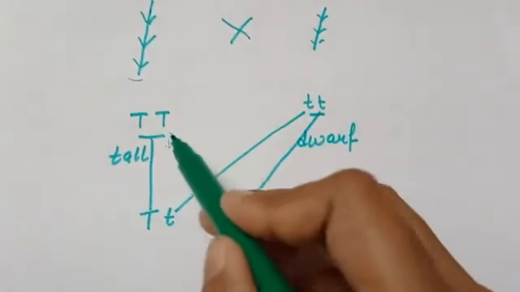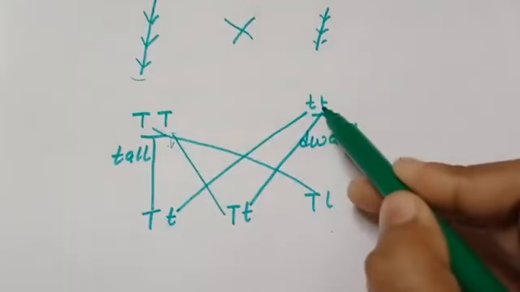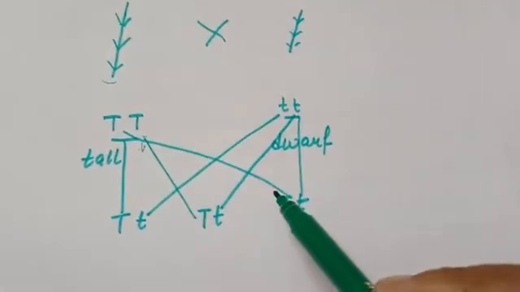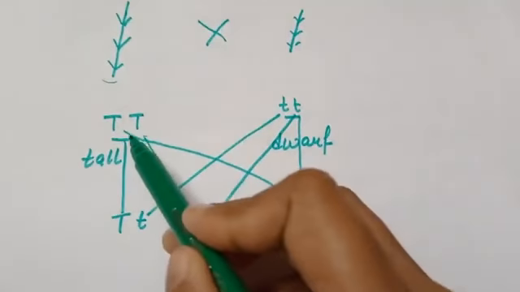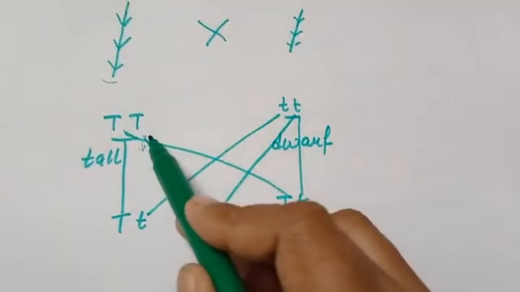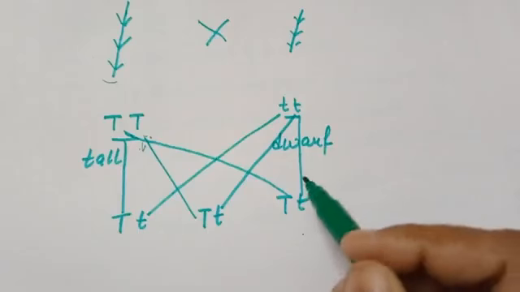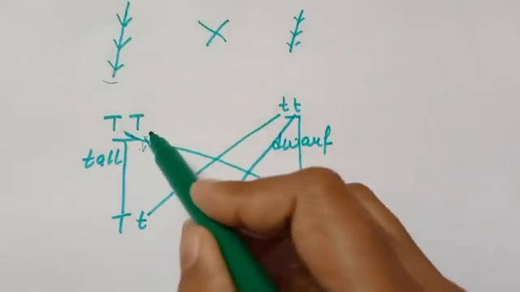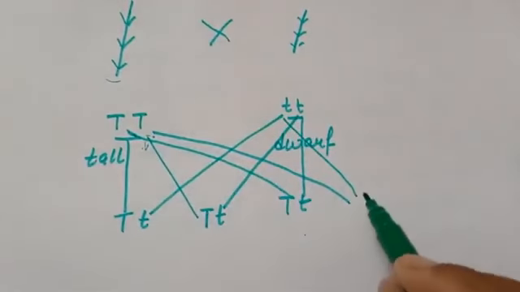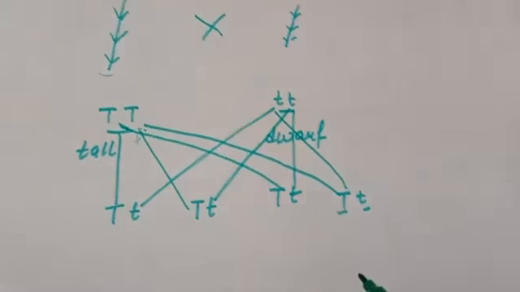Now there is a chance that the first T can also meet the second t of this pair, and the second can meet the first one, but you always have to write in the same manner: first the capital one, then the smaller one. So again we will have capital T and small t.